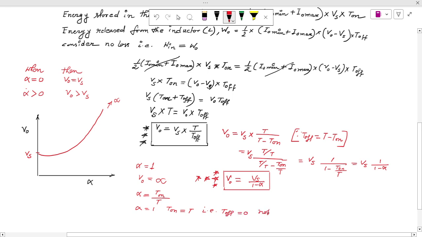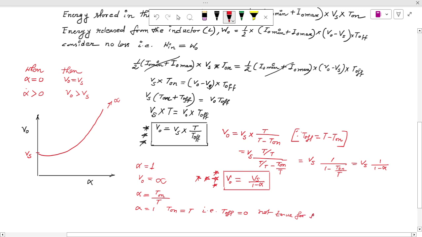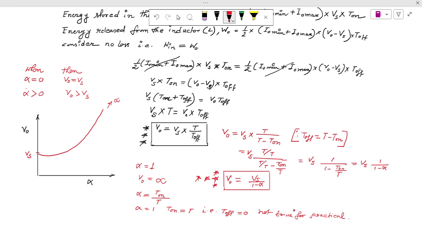This is not true for the practical case. Practically there will be a little bit of T off, so we get some finite value.